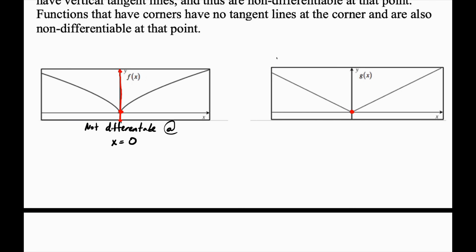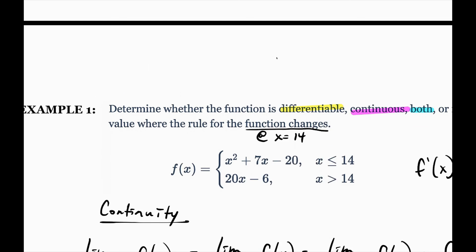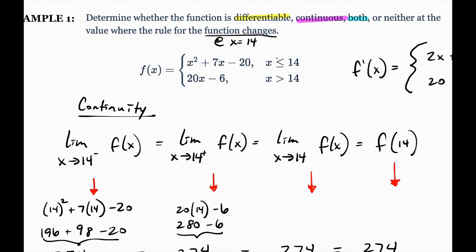Well, let's go look at the original. The bottom part is linear, right? But the top part is a parabola, it's a curve, right? So that means it's got some curve to it. So it's going to be a cusp point.